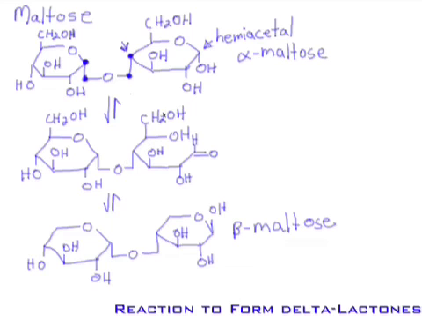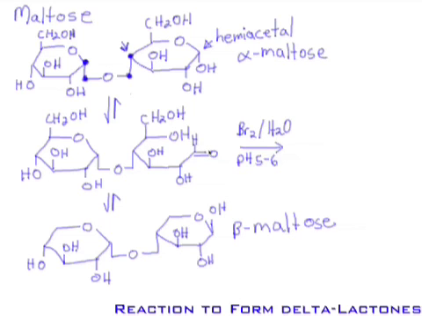Not only can the molecule mutarotate, but the molecule is also capable of being oxidized, and hence maltose is a reducing sugar. If I react this with Br2, H2O, pH 5 to 6, that aldehyde fragment will become a carboxylic acid.